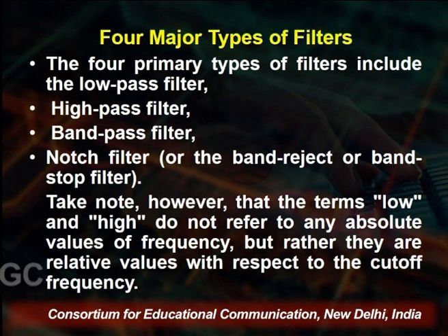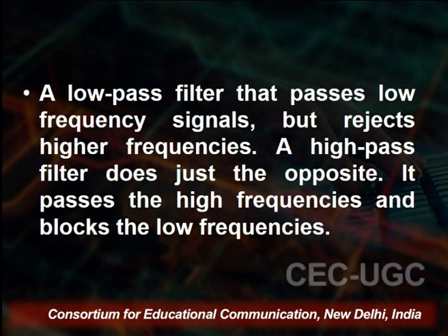Take note, however, that the terms low and high do not refer to any absolute value of the frequency, but rather they are relative values with respect to the cutoff frequencies. Now we discuss one by one.